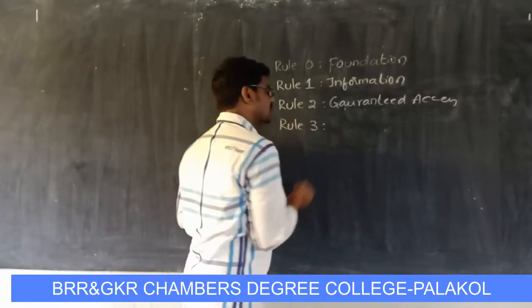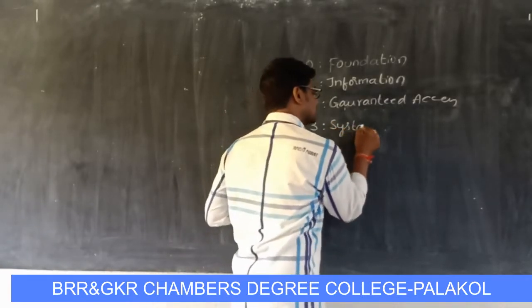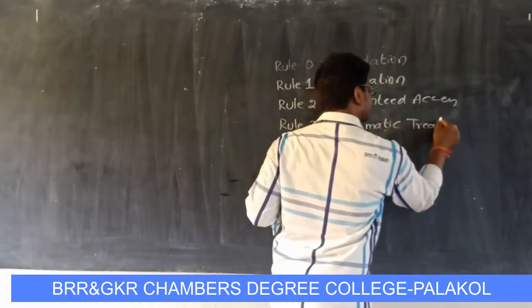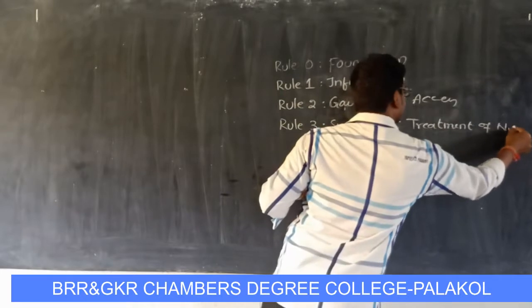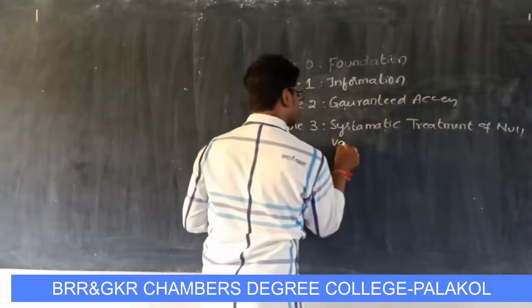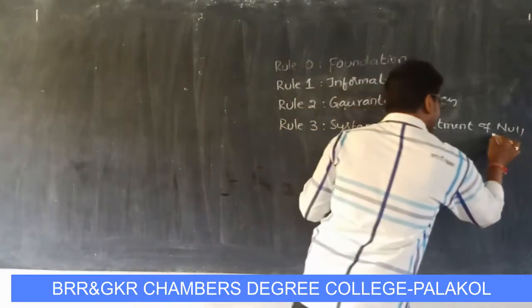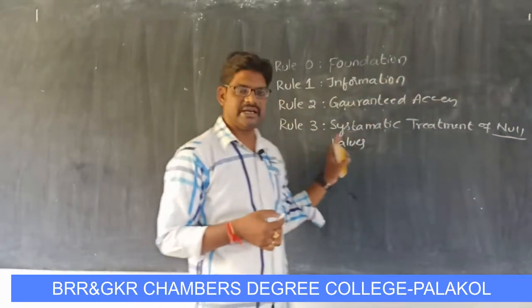What is rule 3? Systematic treatment of null values. Within the database, the null values are to be maintained.